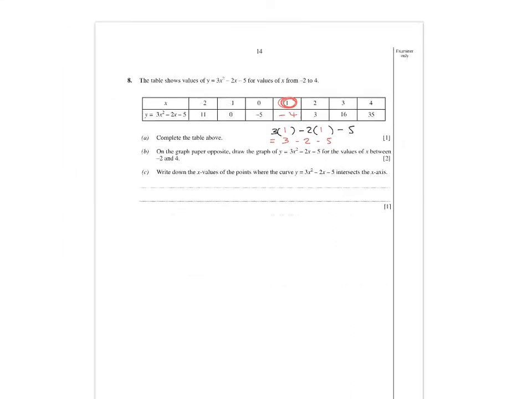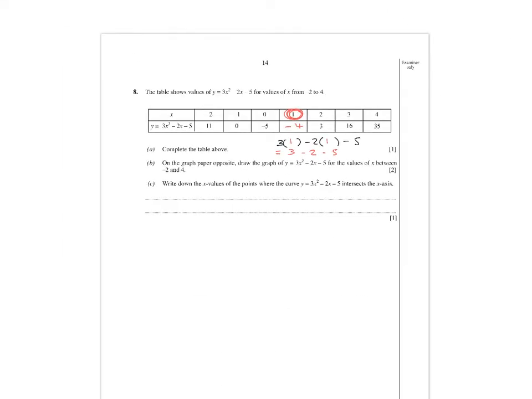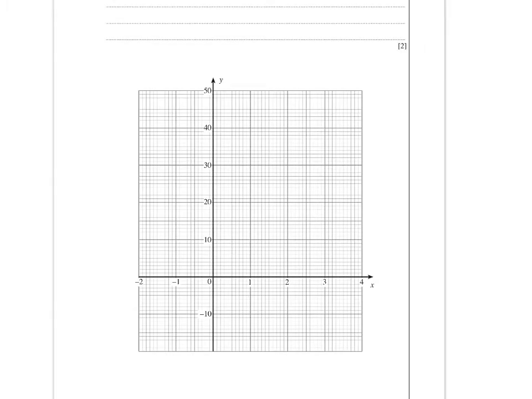Okay? So then I think on the next page we need to draw that graph. Okay? So minus 2, 11. Now I'm going to have to be going back and checking those ones. So first point I'm plotting here, minus 2 and 11. I do it with a little x. Then minus 1, 0. So that is literally on the axes there. Now 0, minus 5. So we're in between 0 and minus 10.